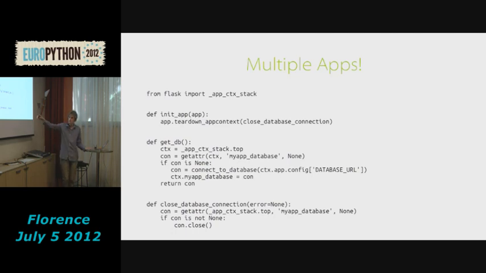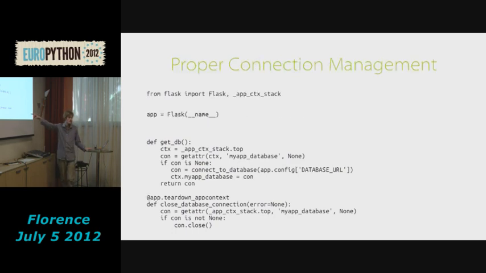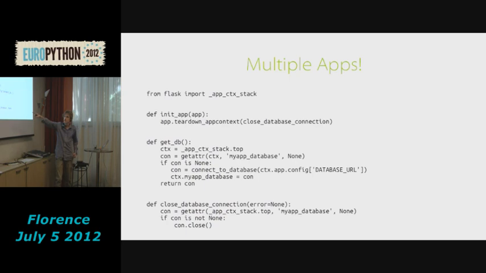And so before we had the decorator for executing this function at the end. Now the decorator is gone from here and moves up to initApp. So when you initialize the application, it applies the decorator. And the other change is, before it was app_config, now it's ctx.app, which gives me the current application that the context is bound to.